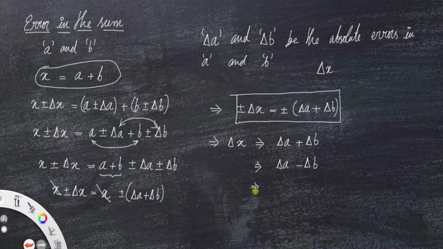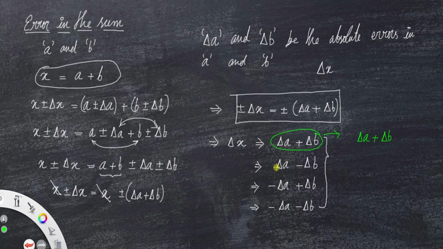The third case will be, this time delta a is negative, minus delta a plus delta b. And this will be minus delta a minus delta b. If you consider all these cases, you can clearly see that this one is the maximum possible error, that is delta a plus delta b.